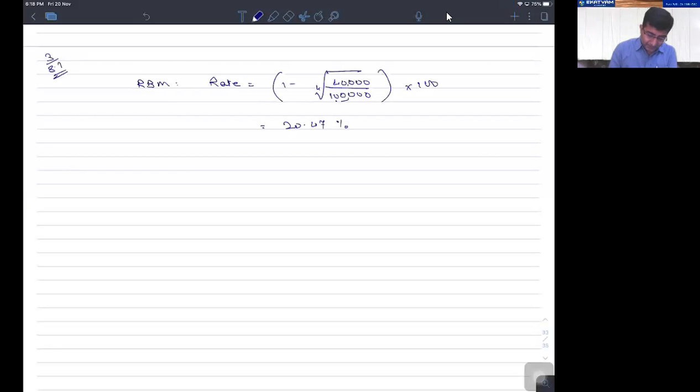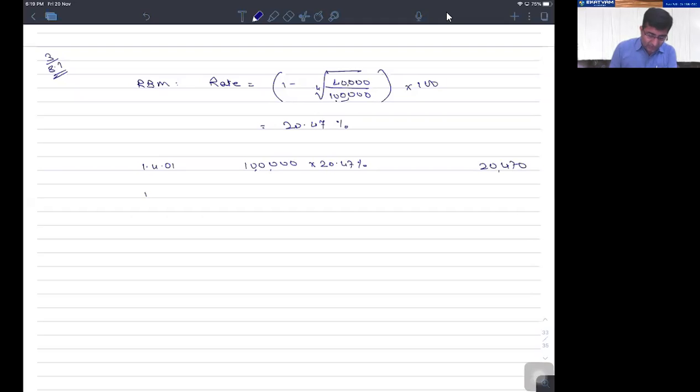So accordingly, if the machine is purchased on 1st April 2001, the amount of depreciation will be 1 lakh into 20.47% directly, that is 20,470.